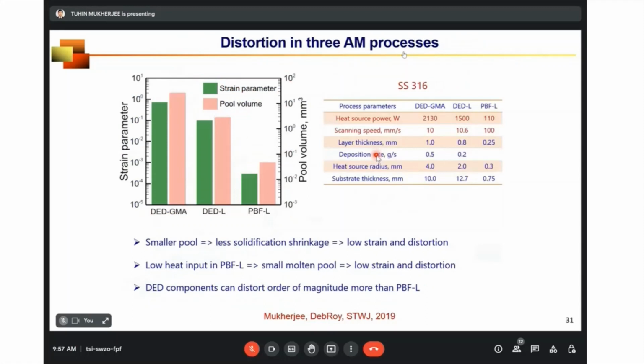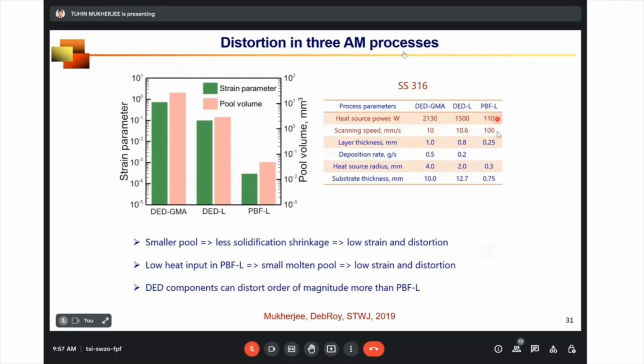What are the advantages? We can use that strain parameter and compare the distortion among different processes. Let's say arc-based process, laser-based DED, and powder bed. For powder bed, our molten pool size is very small because we use very small heat input. You see the laser power here and scanning speed.